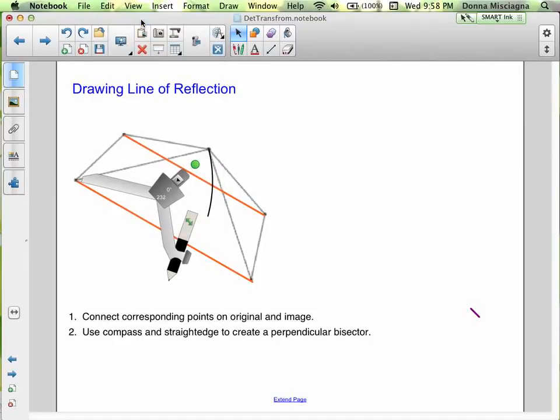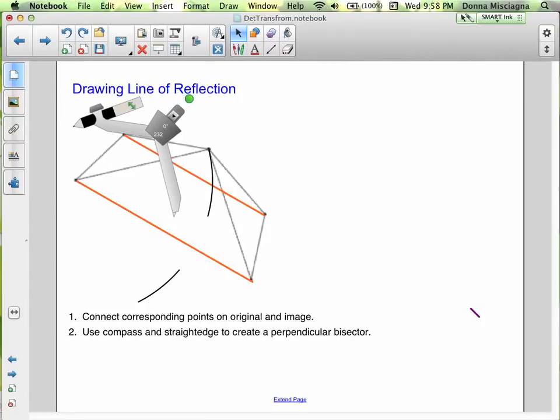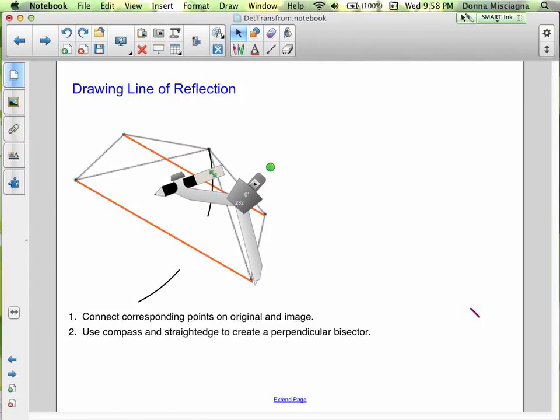And below. All right, so there's our arcs. Then we just move our compass over and switch the direction of my compass. We put the compass point on the other endpoint. We put it on one endpoint and drew the arcs, and we put it on the other endpoint and draw the arcs.